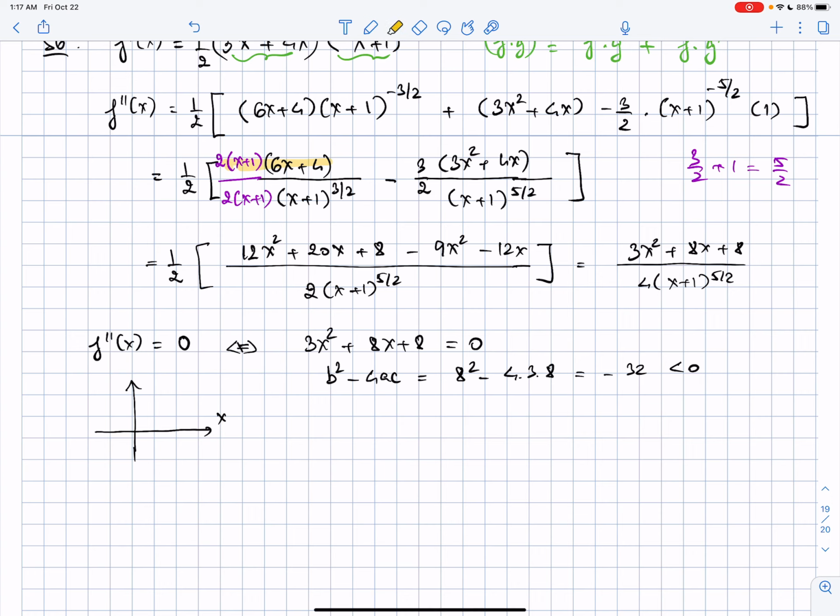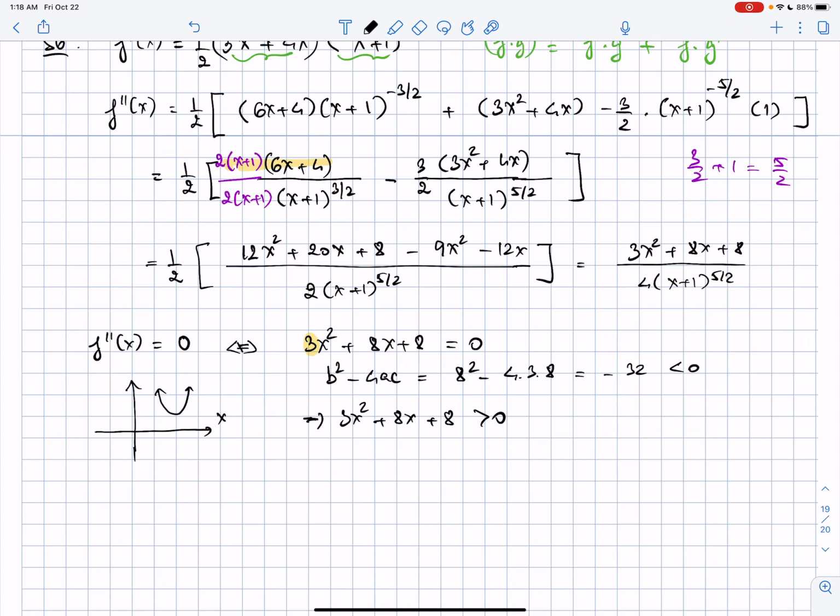And your a is positive, so your parabola opens up. So your parabola must be like this. Okay, if your parabola is going down like this, when you extend it, it will touch the x-axis, and then we will have a solution. Since we have no solution because the discriminant is negative, that means the 3x squared plus 8x plus 8 is always positive.